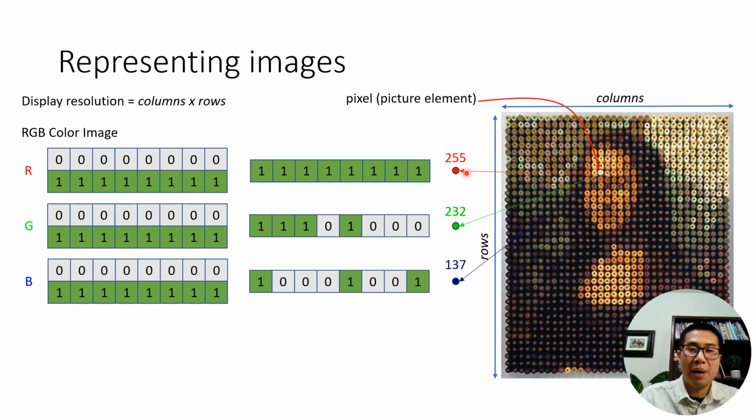It's represented by 255 of red, 232 of green, and 137 of blue. And these are actually translated into three bytes.